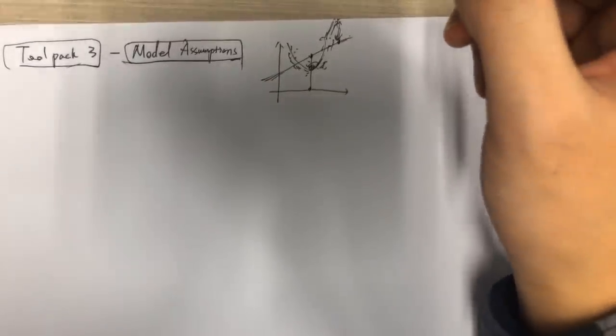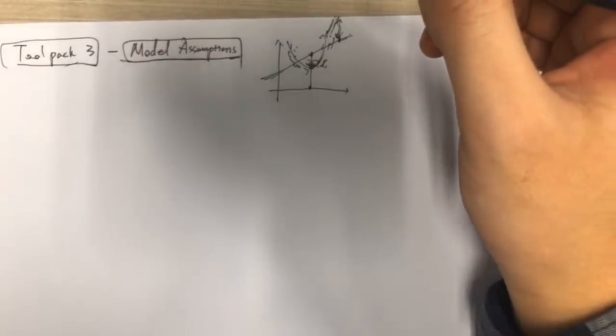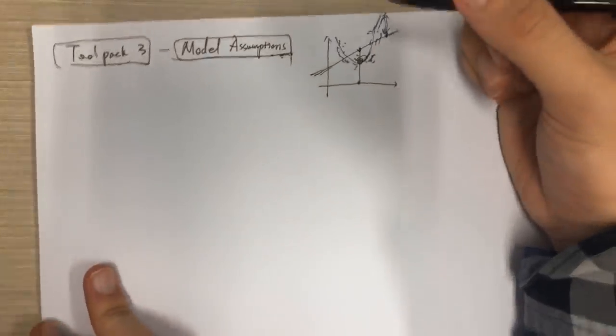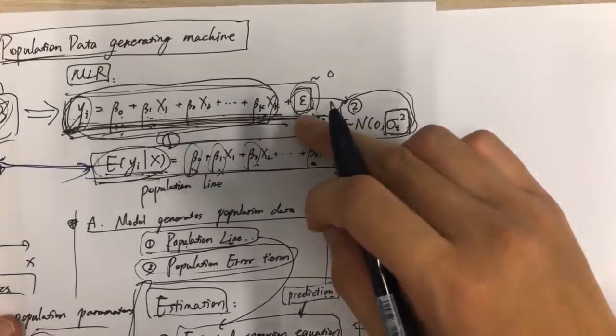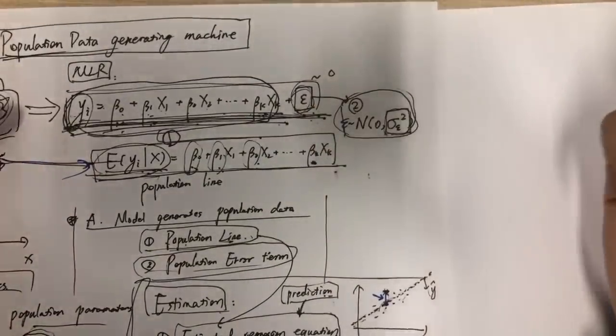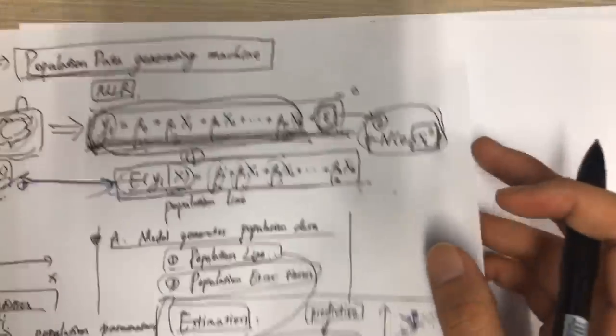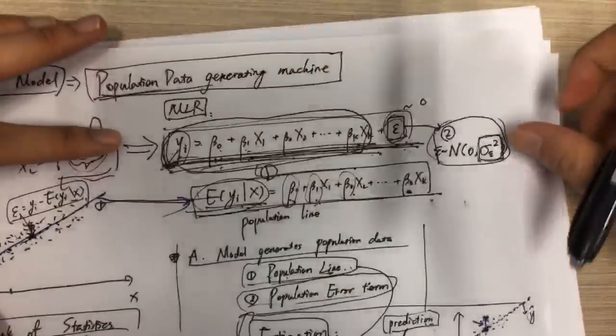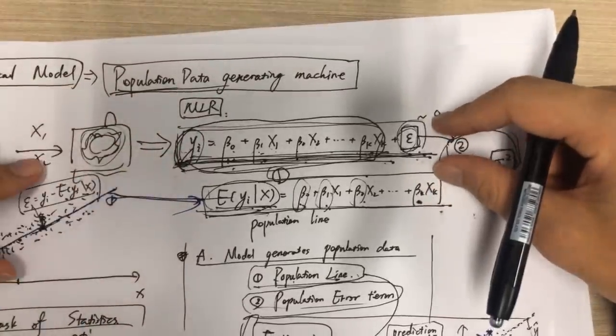Therefore, the assumptions are also very important. Before we move on to the methods of checking the assumptions, let's go back and see what the model assumptions are on the error term and all other things. In this statistical model, as I said, it is a rule of generating data.